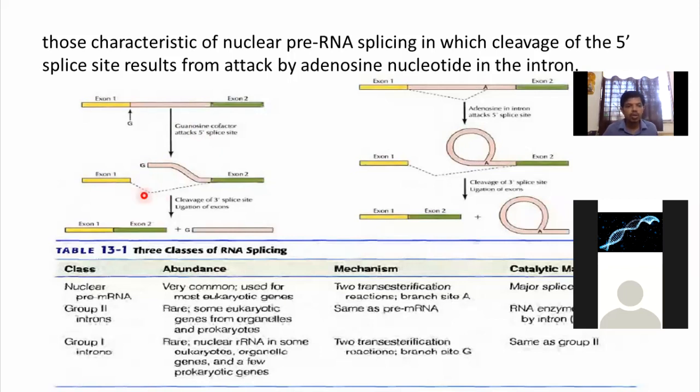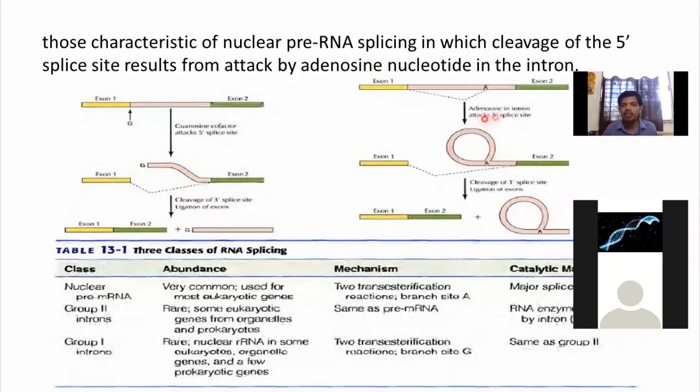Then follows the cleavage of the 3' splice site and ligation of exons. This one will be the 3' OH, and it will be ligated with exon 2. So these two exons will be ligated, and this intron will be removed, but not in a lariat form.